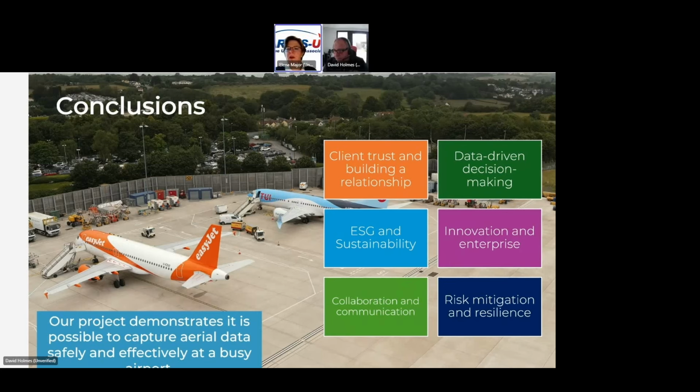The next one. Thank you, David, for a really interesting talk. It's great to hear how you've demonstrated how possible it is to work within the boundary of an airport. And I think that's absolutely crucial to understand, from the airport's point of view, because obviously there have been issues with drones in the past, and airports are rightly very cautious around allowing drone operations in and around their space due to safety reasons.